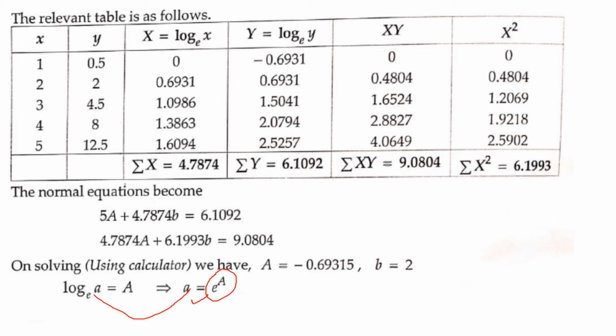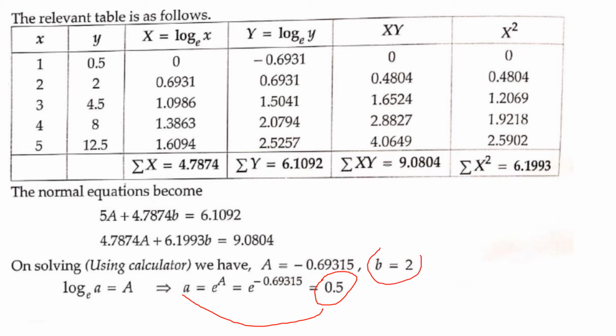Now substitute the value of capital A here and simplify using the scientific calculator. We get 0.5 for this. So small a value is 0.5 and small b value is 2.